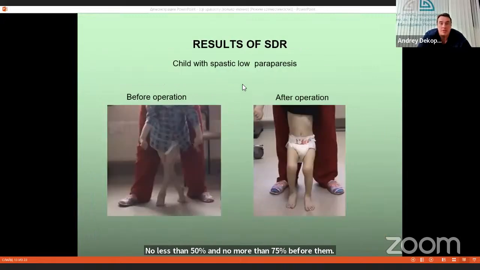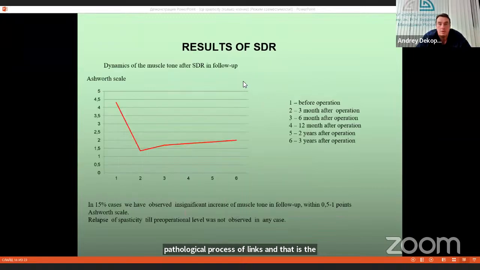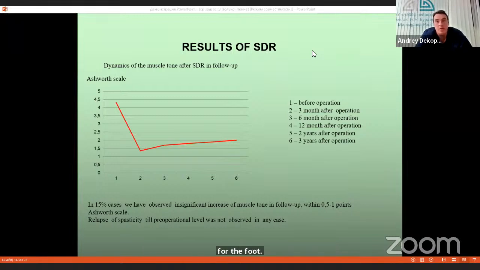This picture demonstrates the results of SDR, regress of pathological crossing of legs, and regress of deformity of the foot. The dynamic of muscle tone in follow-up after SDR.